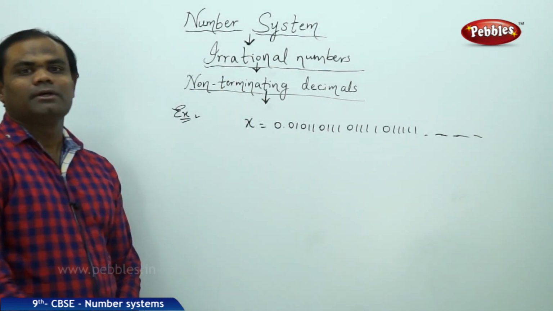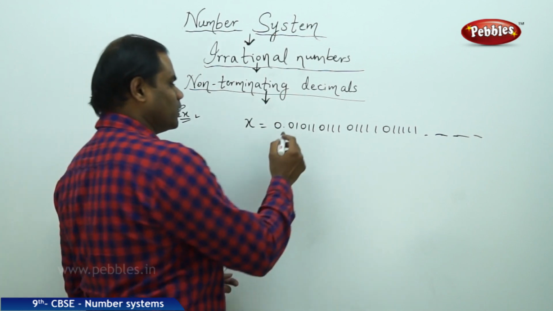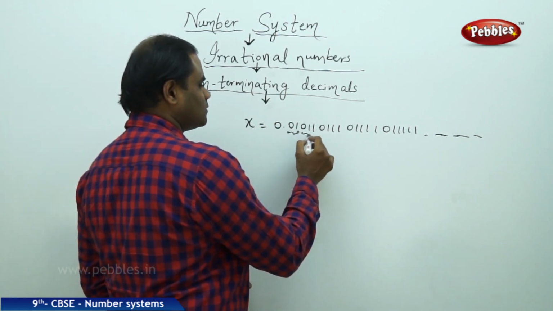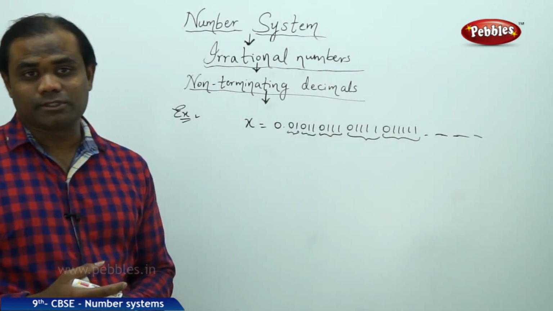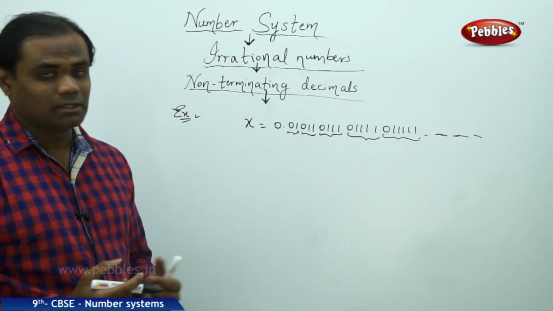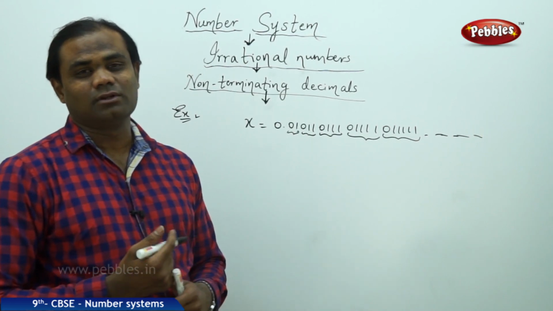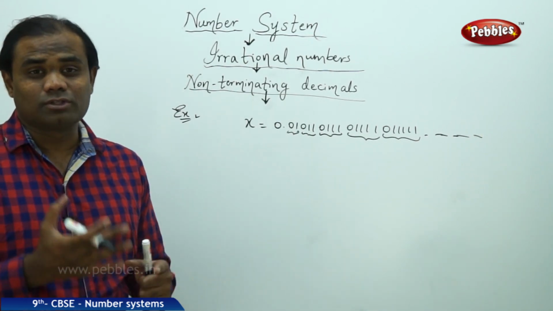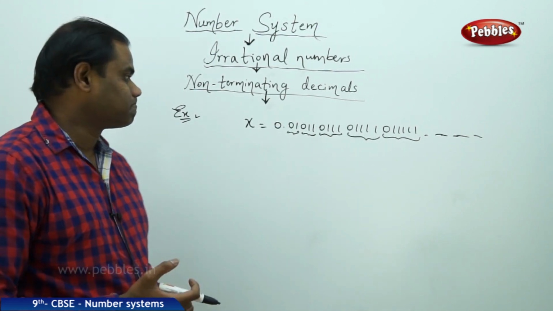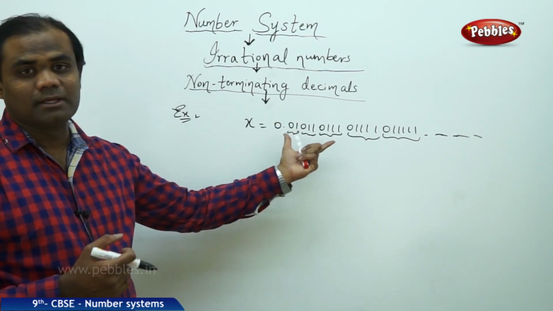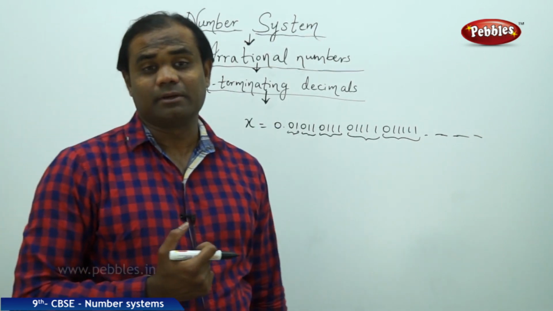This seems to be never ending. As I form a sequence, this repeats never ending on and on till infinity. So such a decimal in the branch of mathematics is called a non-terminating, never stopping decimal. So let's see if this can be a rational or an irrational number.